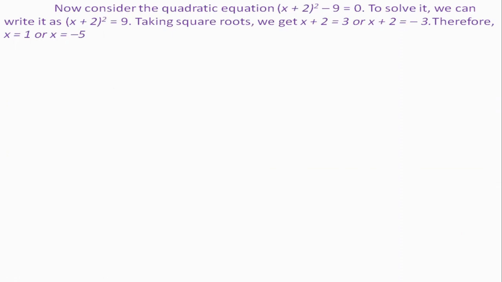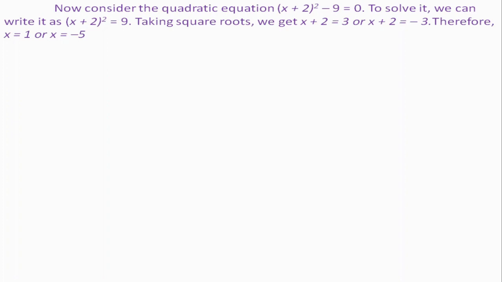X plus 2 whole square minus 9 is equal to 0. Now solve this. We shift minus 9, so it becomes X plus 2 whole square is equal to 9. When we take the square root, we get two values, because 9 is equal to 3 square.